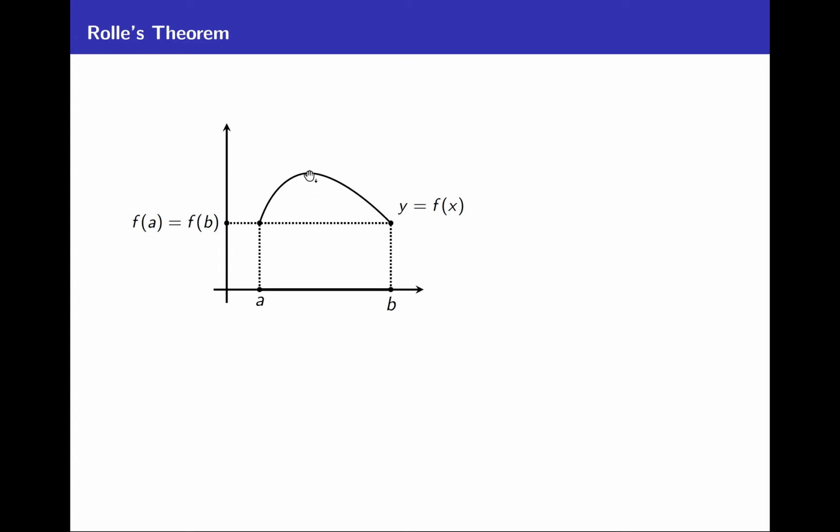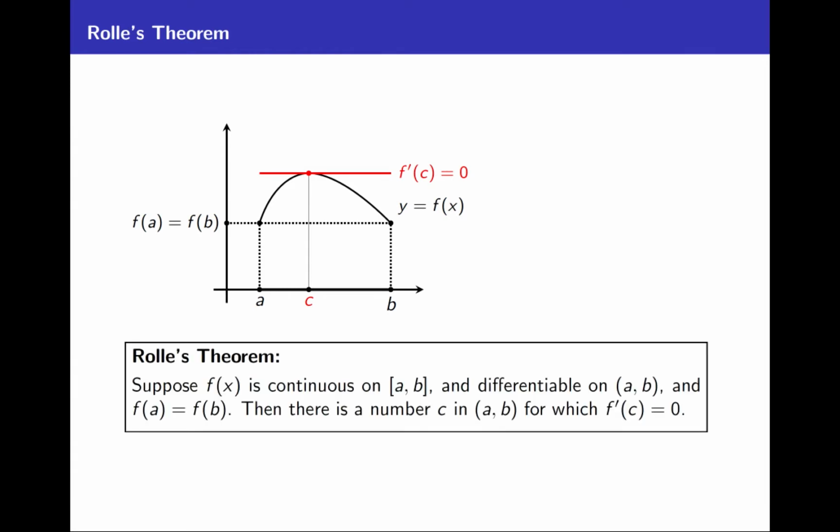You'll notice there's a high point on the graph right here, which happens at an x value of c. And the slope of the tangent line at c, which is f prime of c, equals 0. What Rolle's theorem says is that you're always guaranteed, under this setting, to have such a point c.